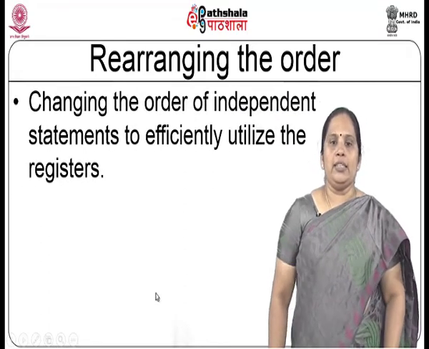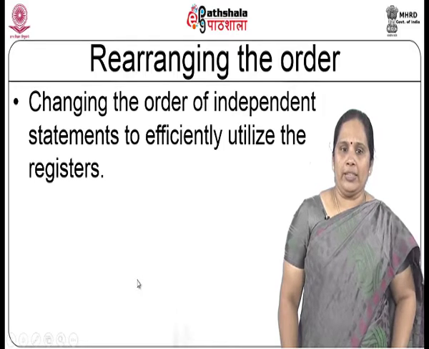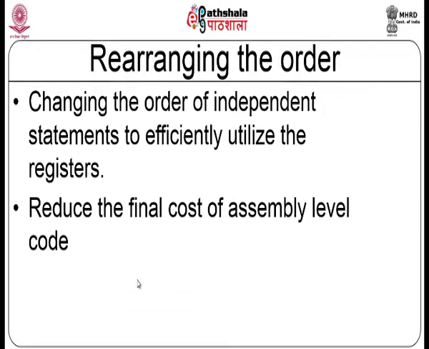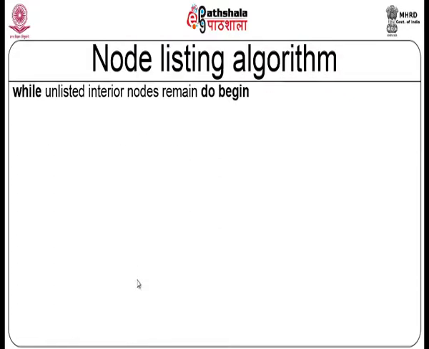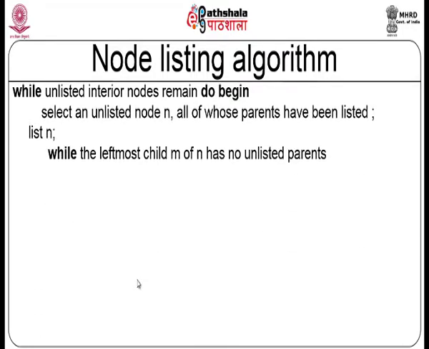Now let us take this. Changing the order of independent statements to efficiently utilize the registers is the primary goal of rearranging. It reduces the final cost of assembly level code. Ultimately that is your situation. Now this is an algorithm which is a recursive procedure.